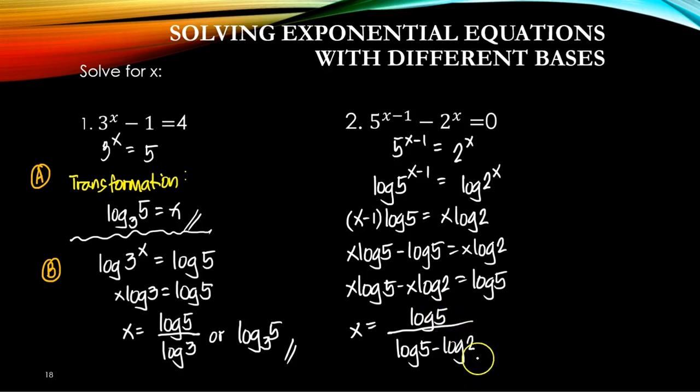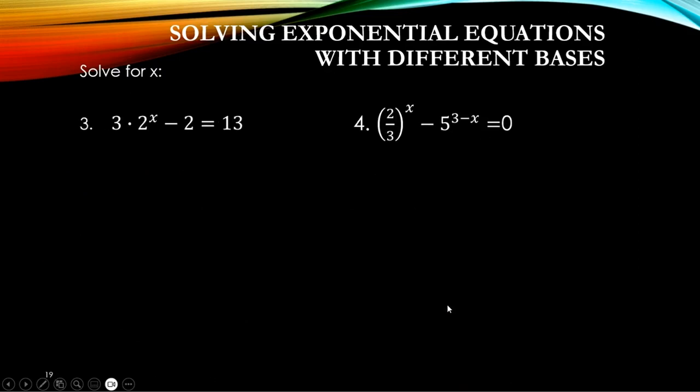Okay? But some people would write it as log of 5 over 5 halves. That's also acceptable. Because at the bottom, you can apply the properties of log, and then after that, you can apply change of base. But the first one is good for me.